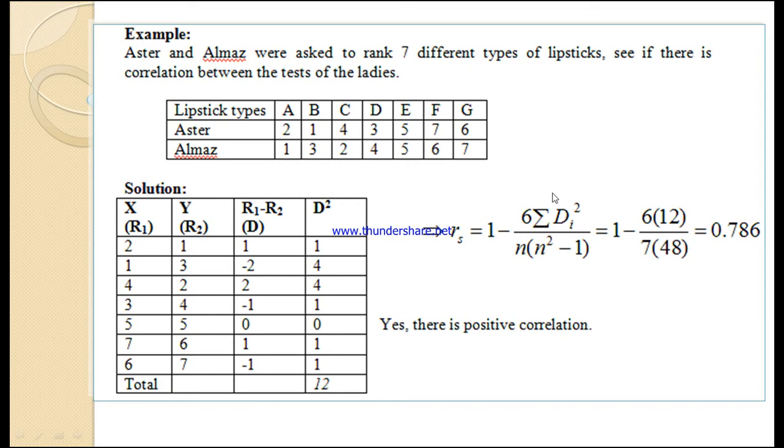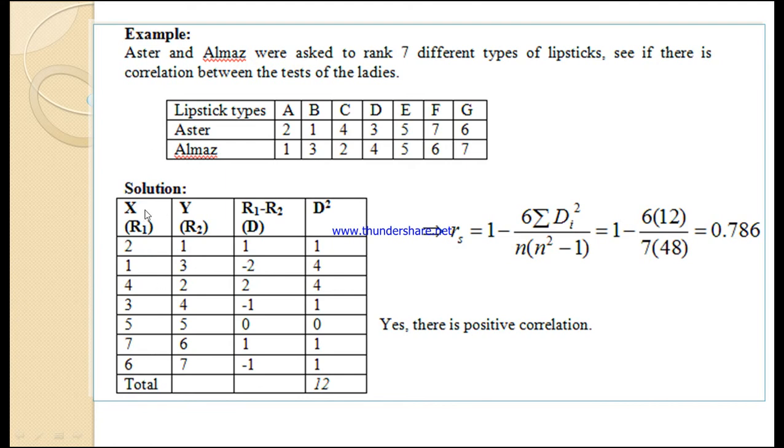In order to work through this formula, we need to first identify the value of n, the value of n squared, the value of d squared, and the sum of d squared. Here, we represent the rank given by Aster by x, and the rank given by Almas by y, using 2 different columns.